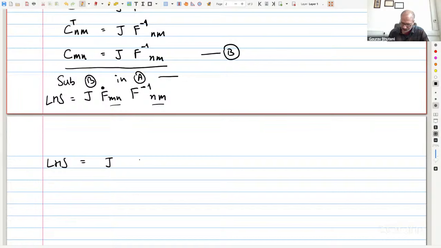So I can write this as F dot dotted with an F inverse. But you also have mm. So this mm basically means that it's the trace of this.